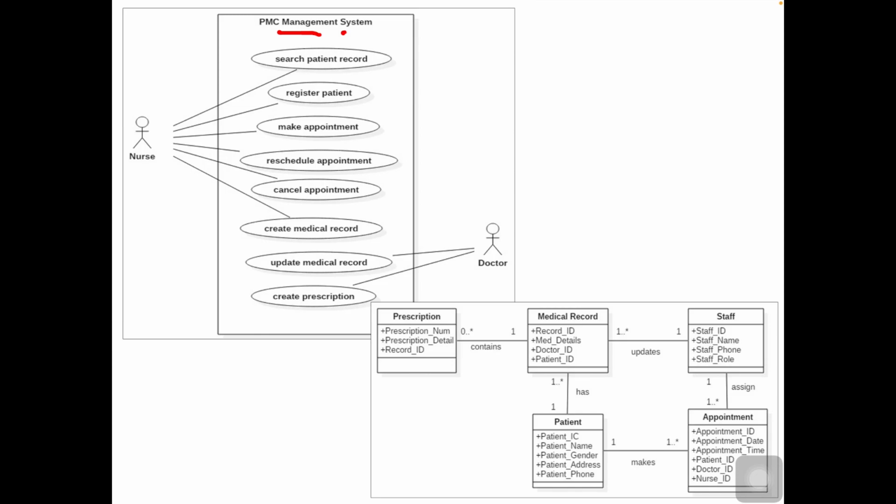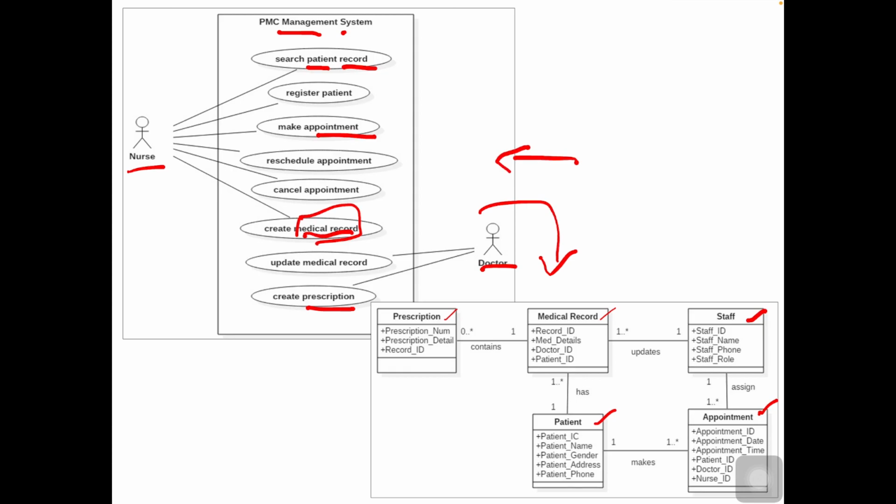For example, we have nurse, doctor, patient, record, appointment, medical record, and prescription. From these nouns, we transform them into our domain class diagram. These are the things that we identified based on this use case diagram.